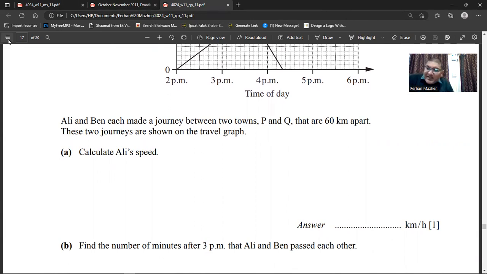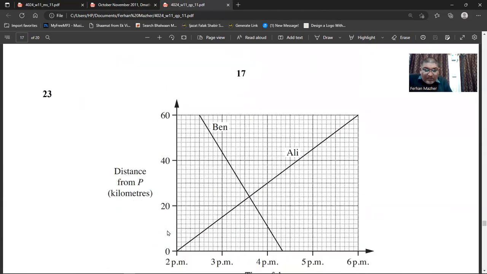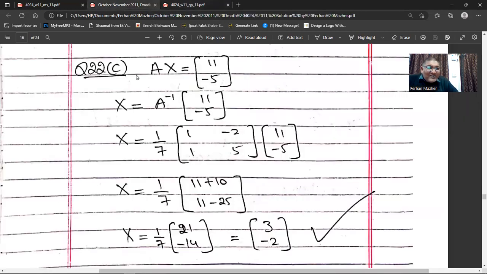Calculate Ali's speed. We can calculate it easily. This is a distance time graph, and its gradient will be equal to the speed. At 2, Ali's distance is 0, and at 6, Ali's distance is 60. So I can use these two numbers.